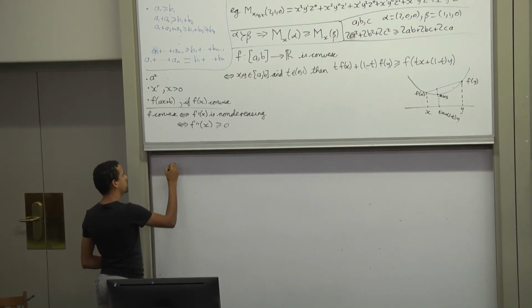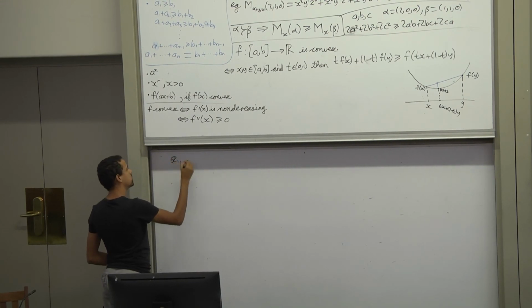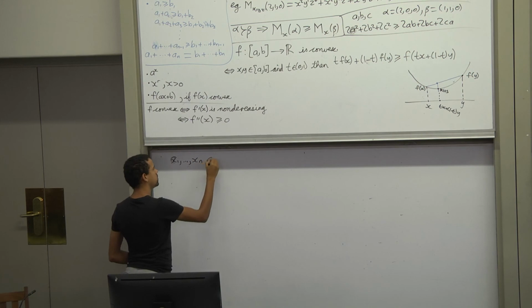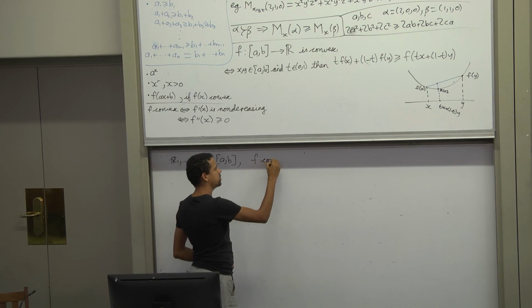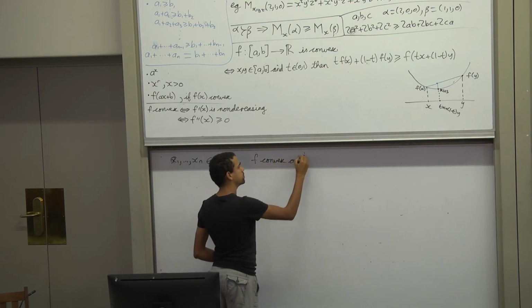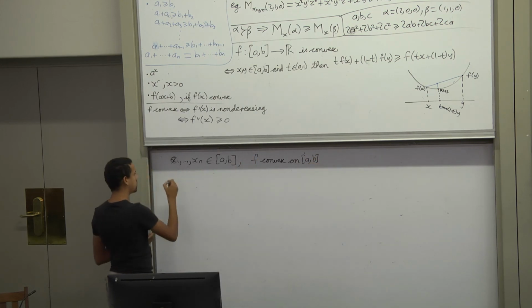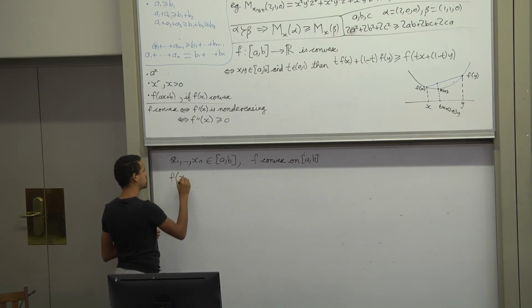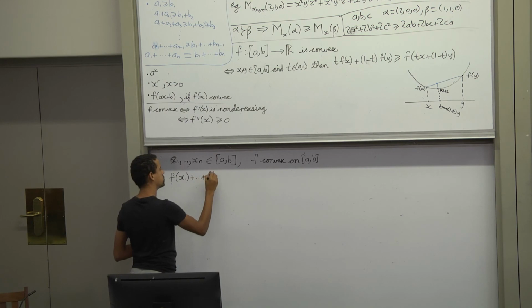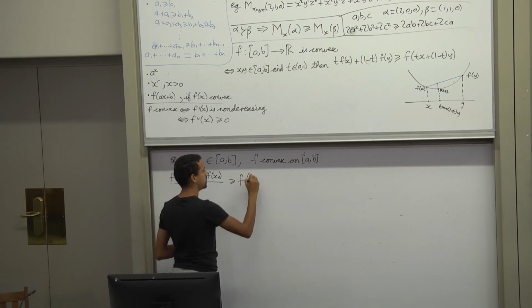So if x1 to xn are in your interval, and f is convex in that interval, then Jensen's inequality says if we take the average of the f values, that is greater than or equal to f of the average value.